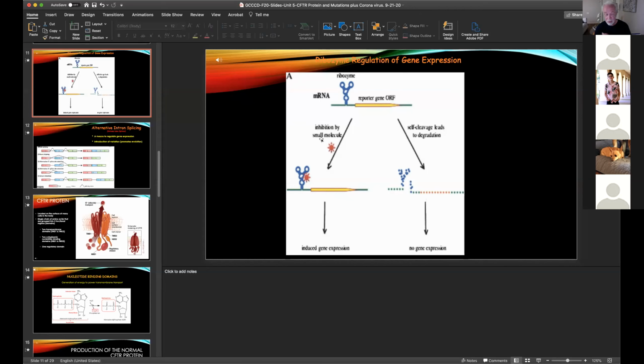But if there is no inhibition, the ribozyme essentially commits suicide, it cleaves itself, and the gene is no longer functional. So ribozymes can determine whether or not a gene is expressed, let's say at some point in development.